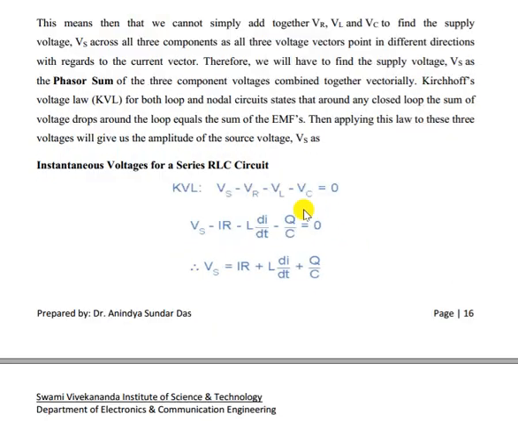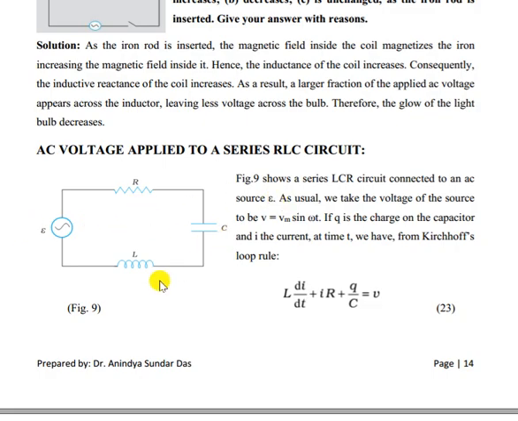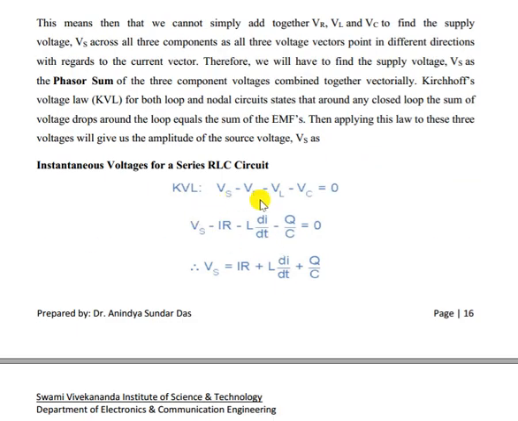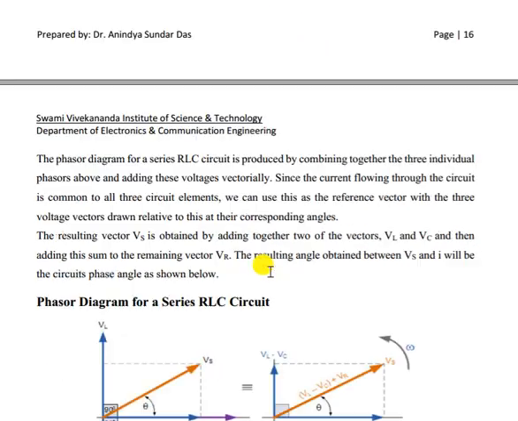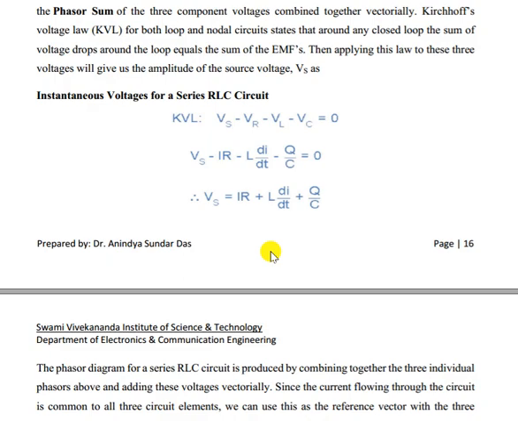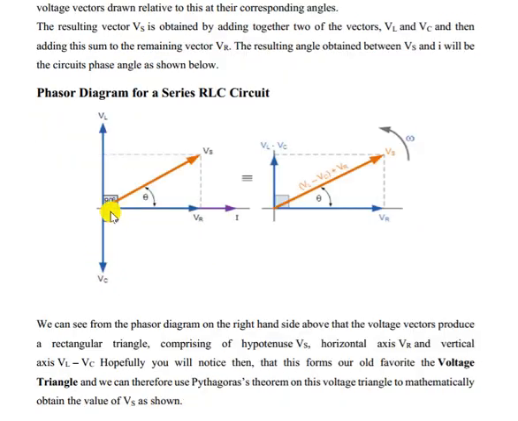Now according to KVL, what can we write? From this circuit, Vs minus VR minus VL minus VC equals 0. Then VR is IR, VL equals L dI/dt, VC equals Q by C, and then Vs equals this sum, that you can write. Now if you draw the phasor diagram, say this is your I, this is the reference, so VR will be in phase with that.